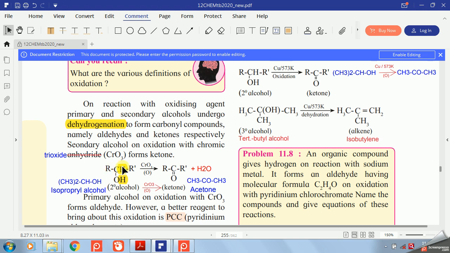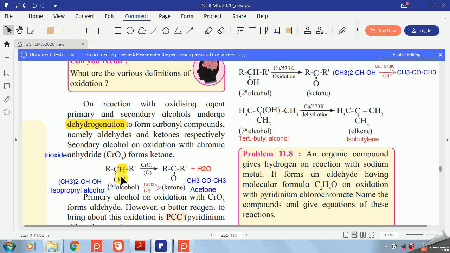So CH3CH(OH)CH3, that means isopropyl alcohol. I write (CH3)2CHOH, it is the same. OH is on a secondary carbon, so it is a secondary alcohol. React with chromium trioxide, CrO3, and there is removal of hydrogen with oxygen, and we get water as a byproduct.